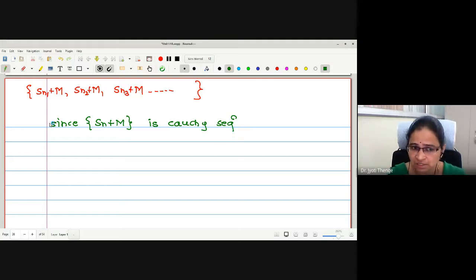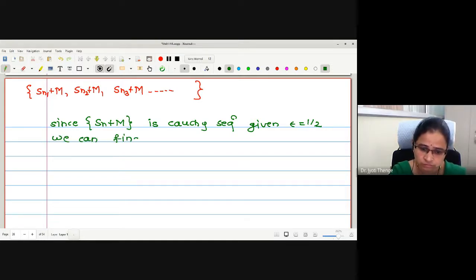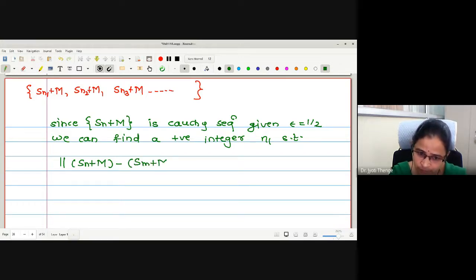Just see carefully what I'm writing. Since Sn plus m is a Cauchy sequence, given epsilon equal to half, we can find a positive integer n1 such that the norm 1 of Sn plus m minus Sm plus m is less than half, and this is true for all m, n greater than or equal to n1.